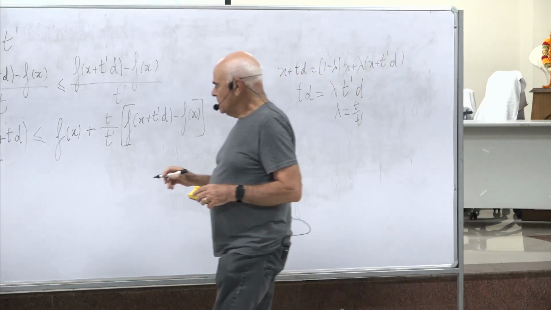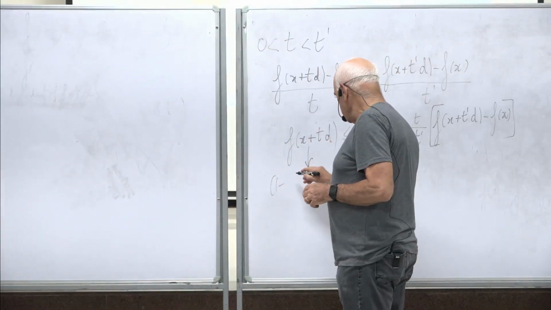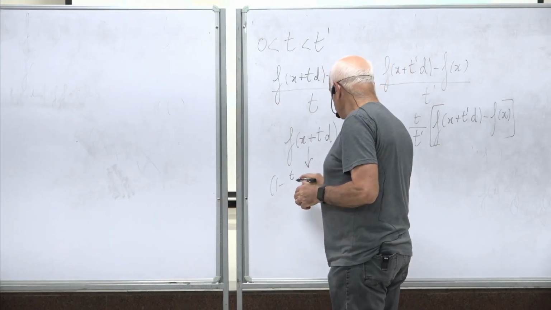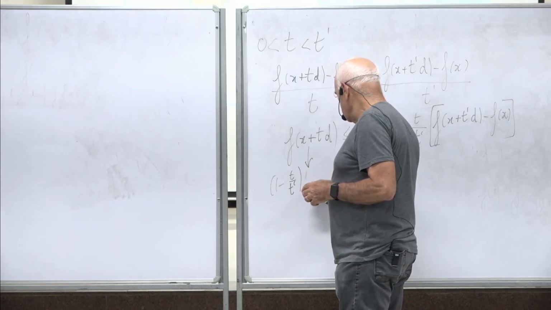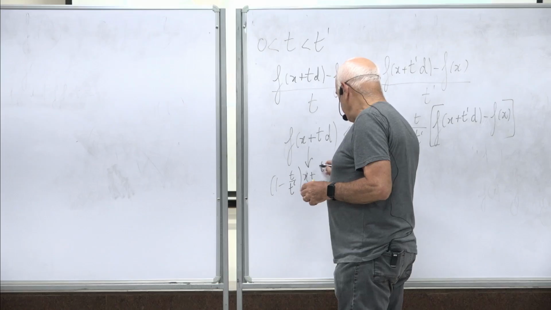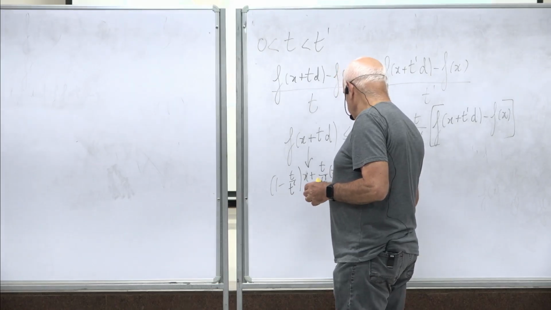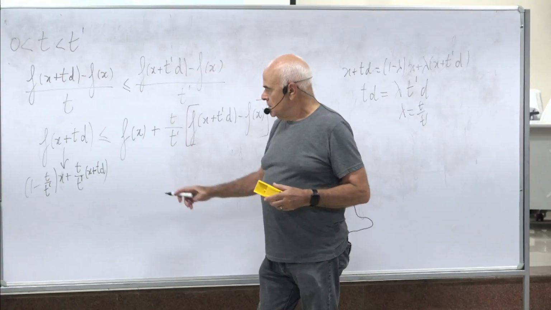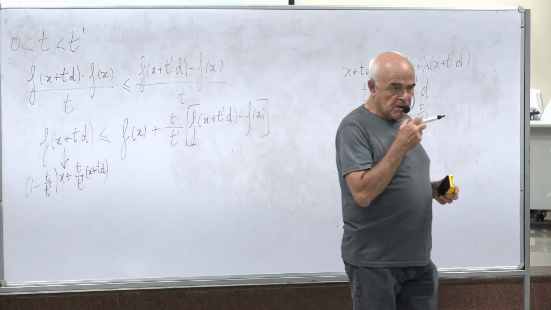Okay. So I can write this as 1 minus t over t prime times x plus t over t prime times x plus t prime d. So I write this point as a convex combination of x and x plus t prime d.